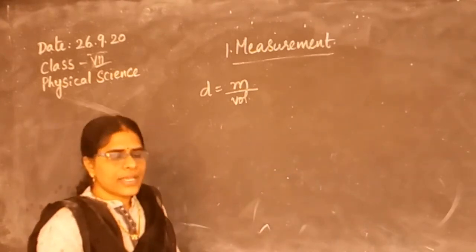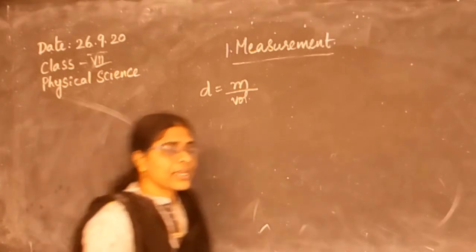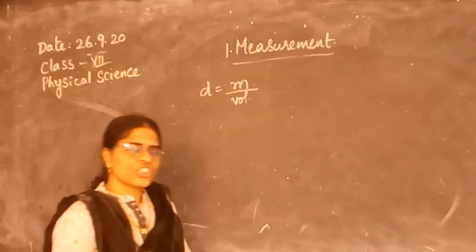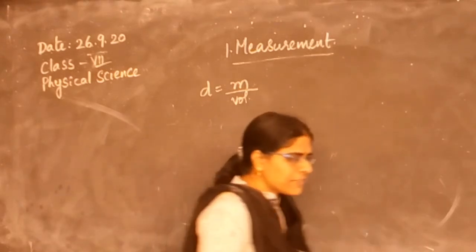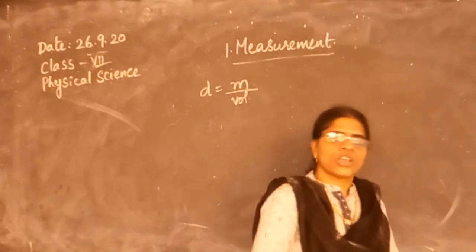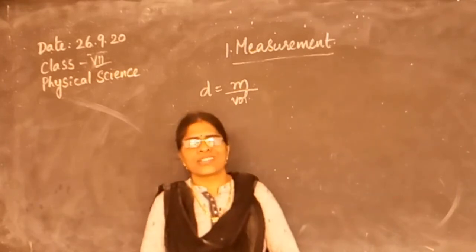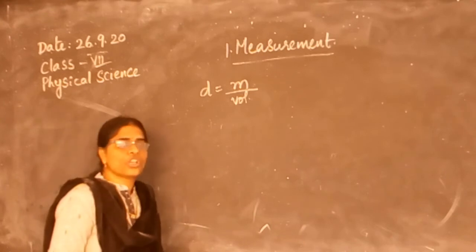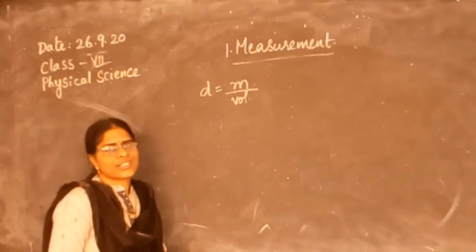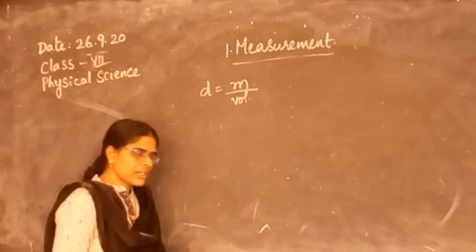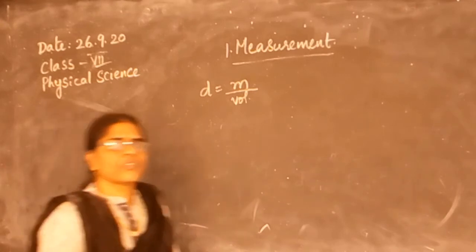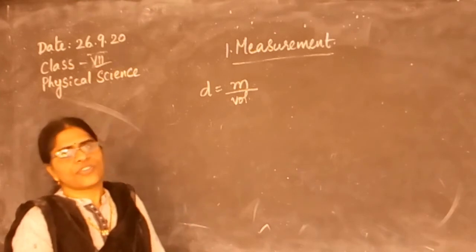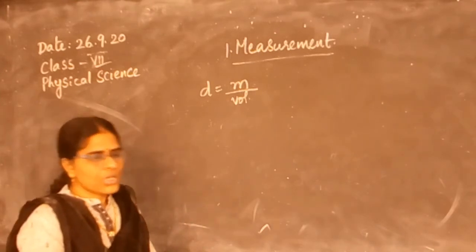The aim of the activity is to show that different substances of equal mass have different volumes. We will find out whether they will occupy the same volume or a different volume.